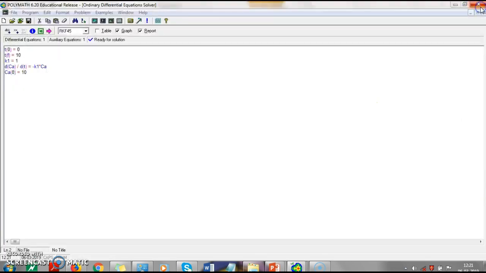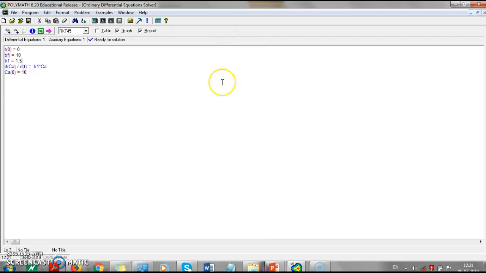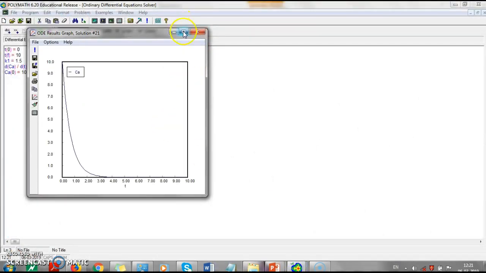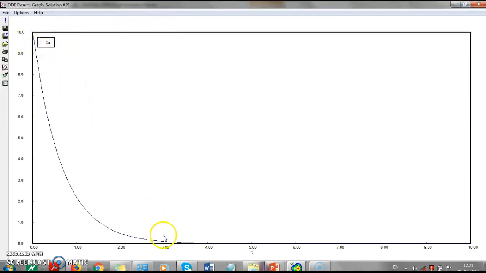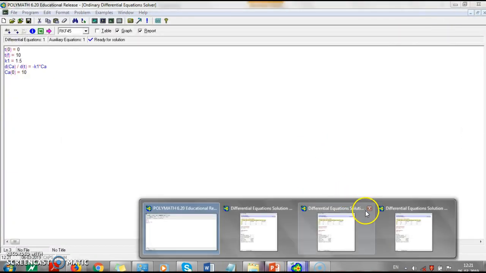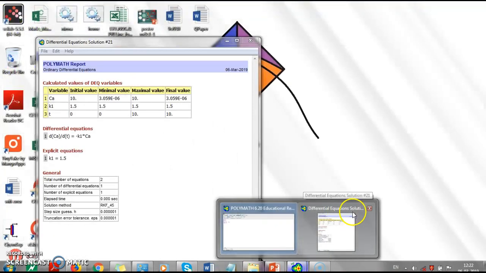Now if we change K to, let's say, 1.5, and simulate it, you can see that the concentration falls down to 0 between 3 and 4. So there are two time units of difference. If the K value increases, naturally the concentration falls to 0 much faster compared to the earlier answers.